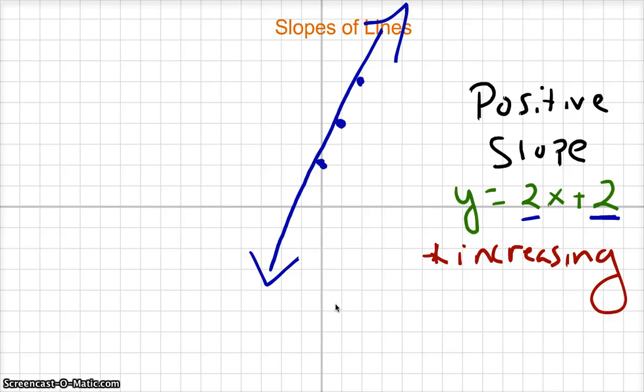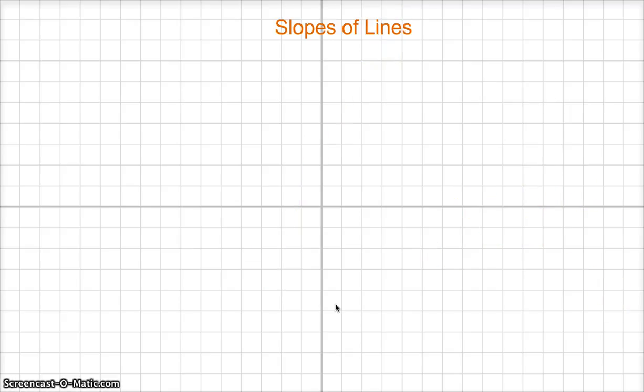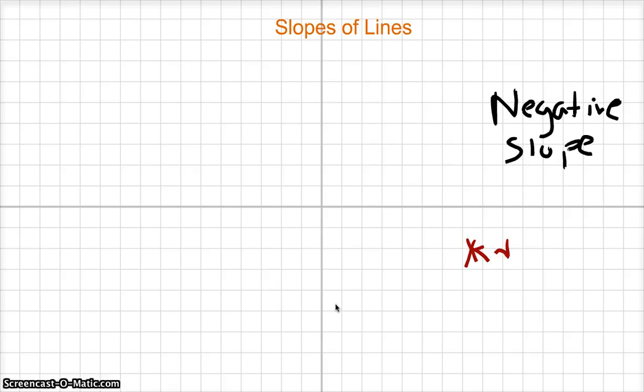Now we're going to go to the graph right underneath that first one. And if it's a negative slope, the line will be decreasing.